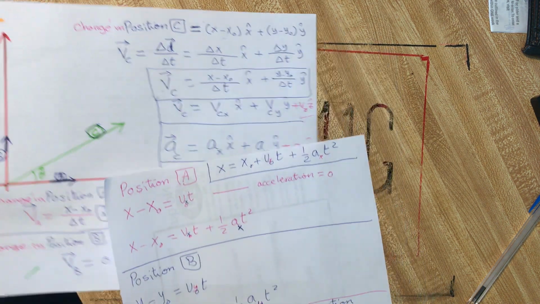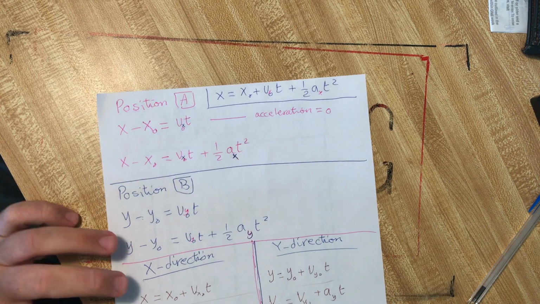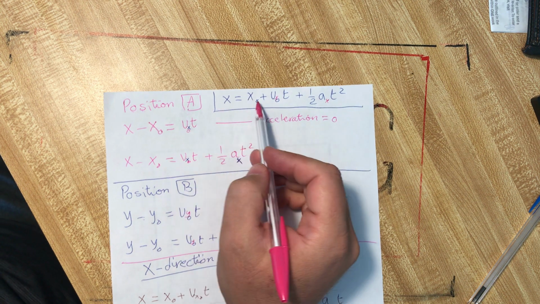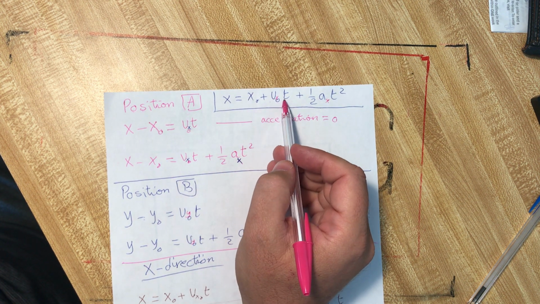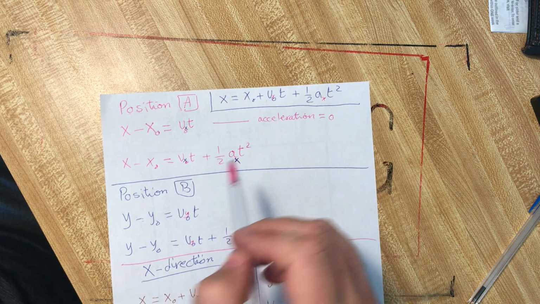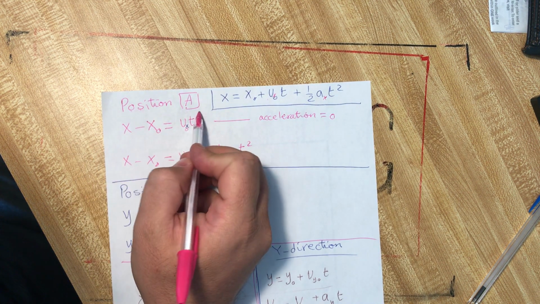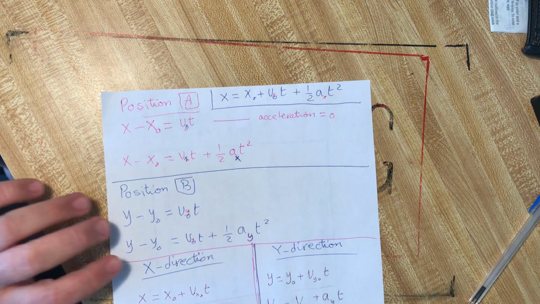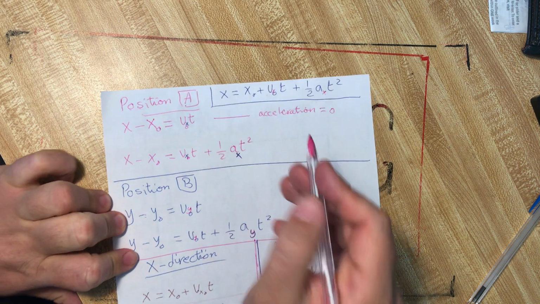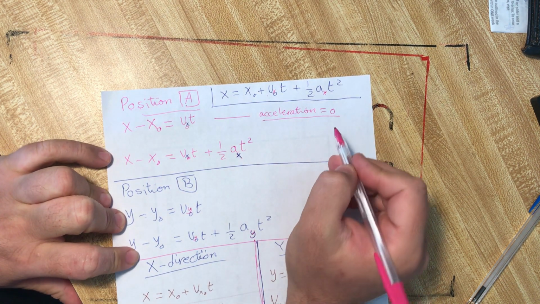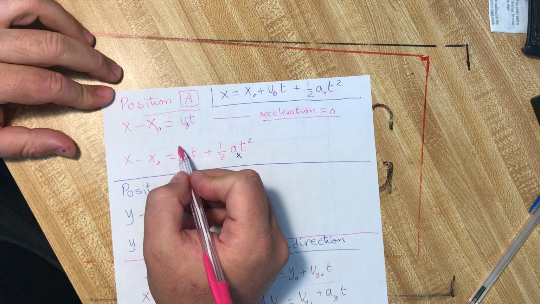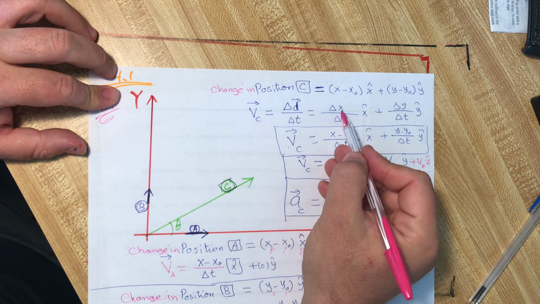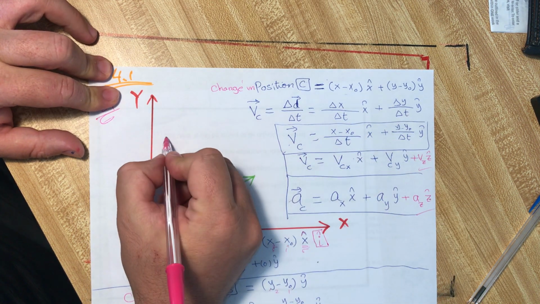Let us see now the equations of motion. We know this equation, which is x is equal to x naught plus v multiplied by t plus half a t squared, for the position for the object A. We have two cases. The first one, if the acceleration is 0, we have a uniform velocity. The average velocity will be equal to delta x over delta t.